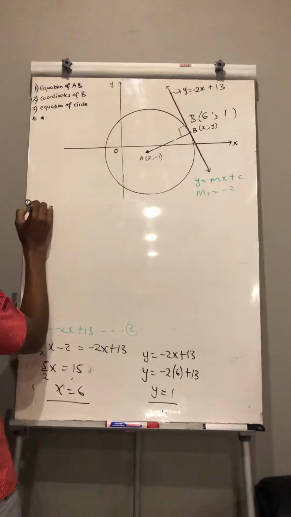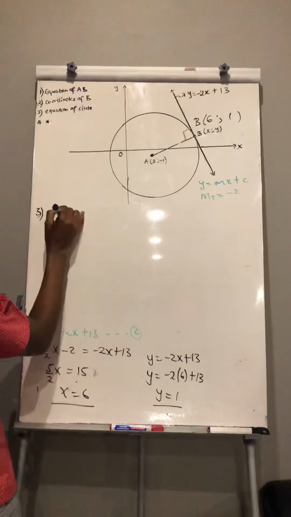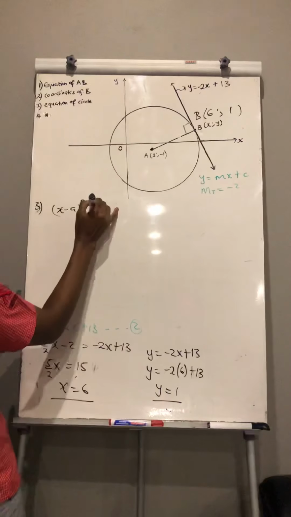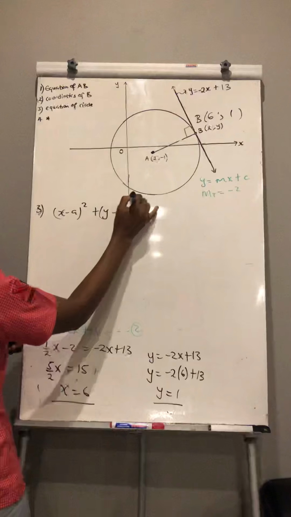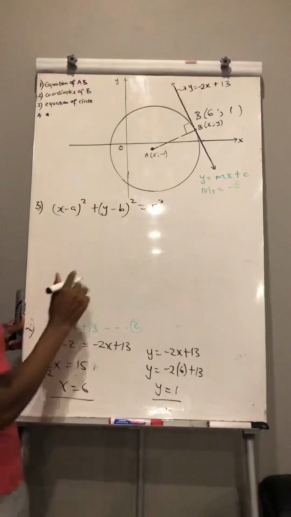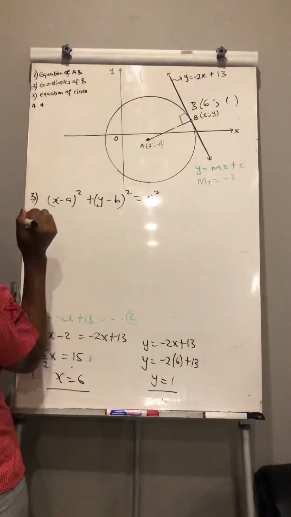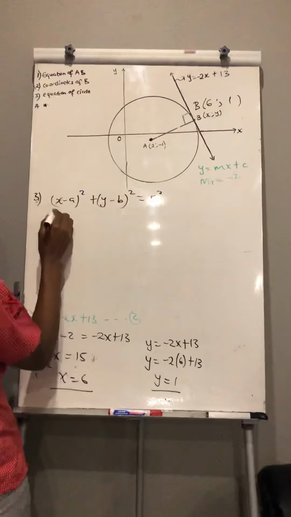So from what we know, it's actually number 3 we want. We were told to find the equation of the circle like this is equal to r squared. We need to find a, b, and r. The center of the circle is now available. It has been for a very long time.